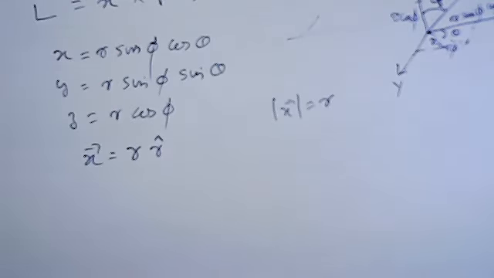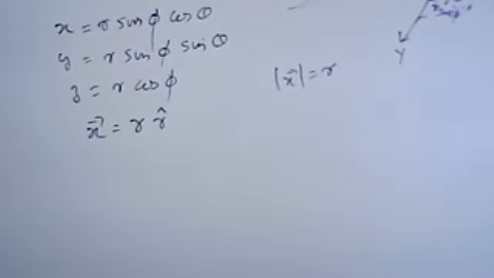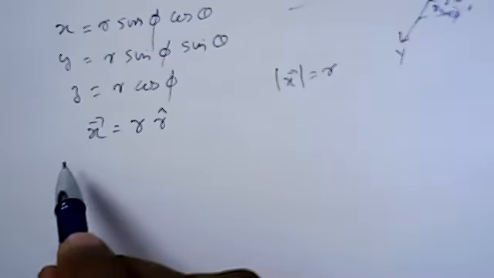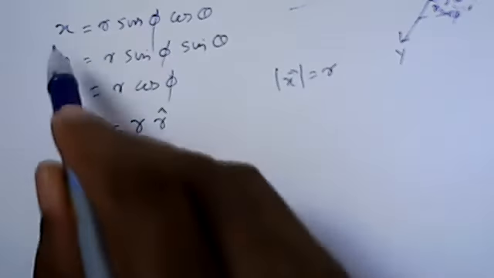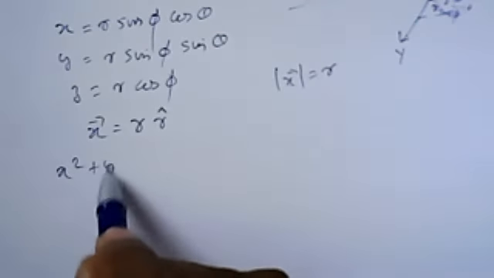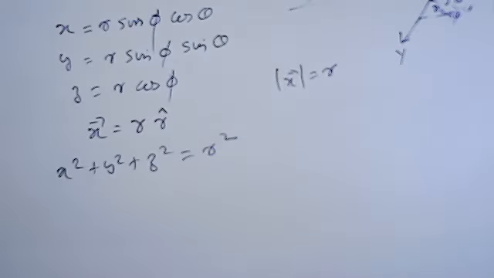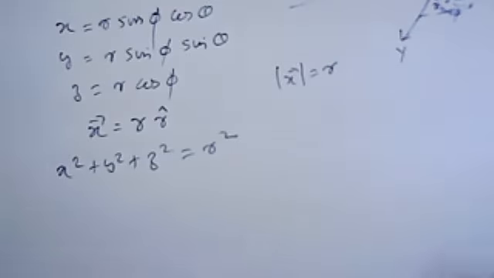Before substituting, we know some more things: you add all these, x squared plus y squared plus z squared, you get r squared. x squared plus y squared plus z squared equal to r squared, just like a sphere of radius r.